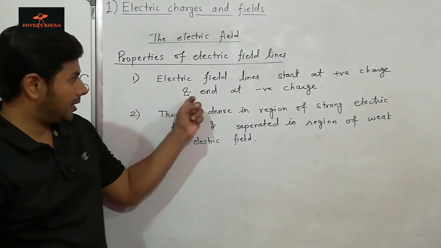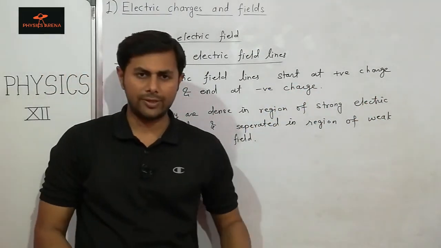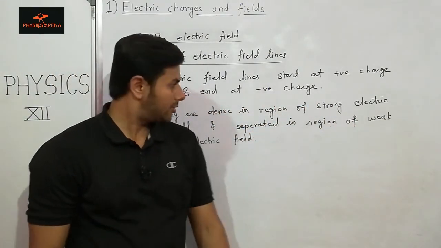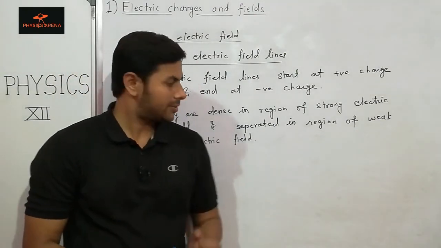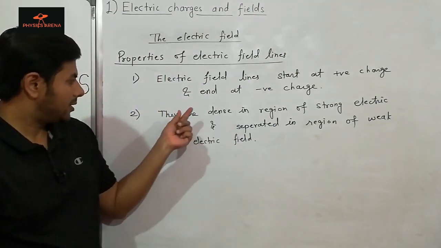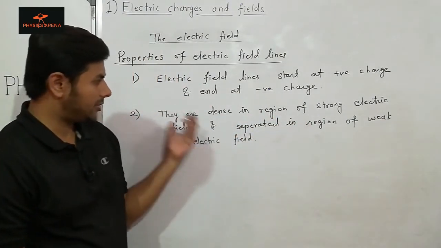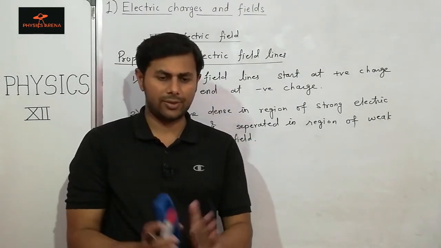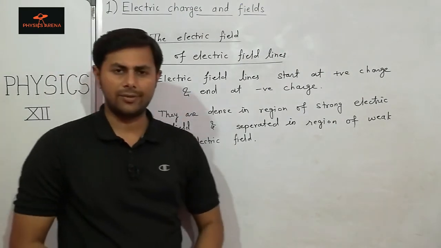So electric field lines start at positive charge and they are radially outwards from positive charge and end at the negative charge. Okay, so for negative charge, electric field lines are radially inwards. Second property is they are dense in the region of strong electric field, as we have seen just now, and they are separated apart in the region of weak electric field.